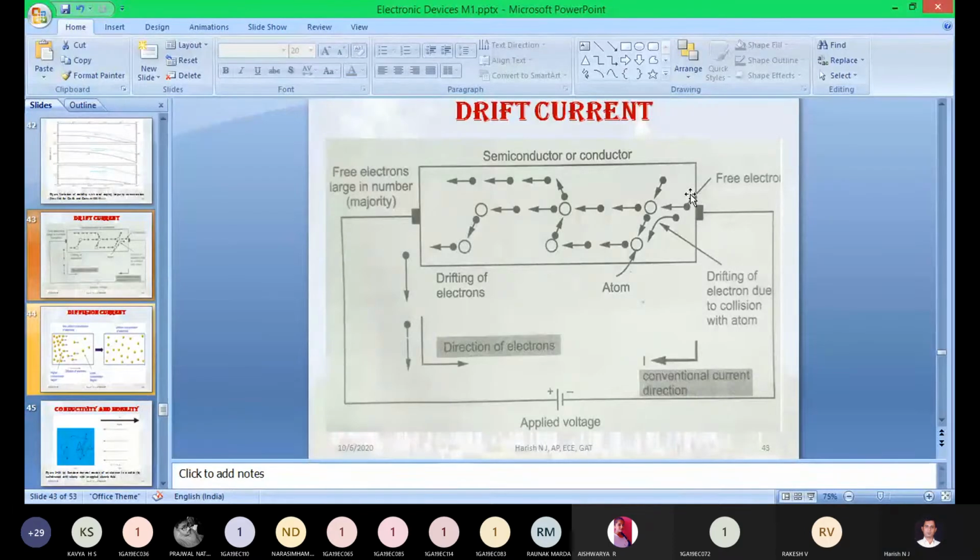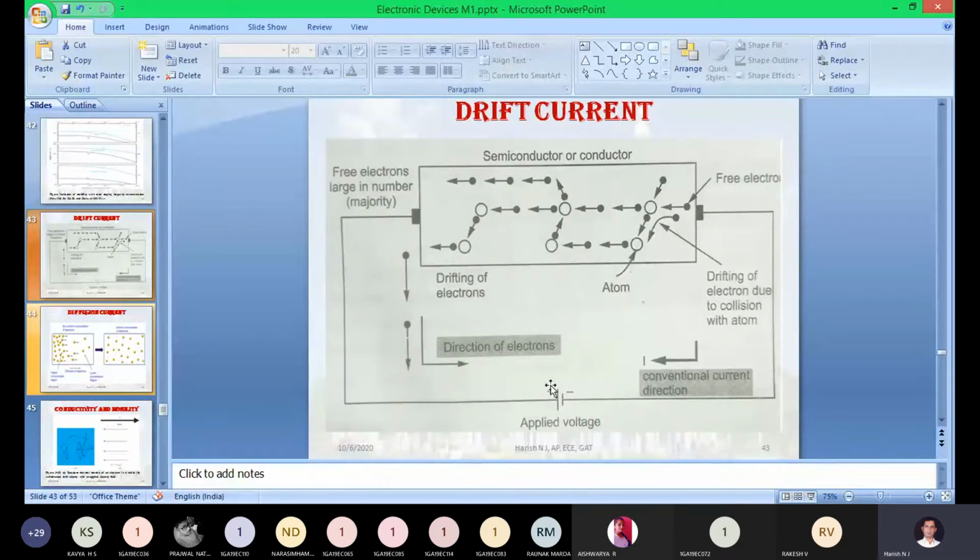Initially, when V is equal to 0, all the electrons will be moving randomly with some speed. When you apply V equal to 5 volt, or 10 volt, the electrons get additional energy due to the applied electric field. At the same time, all the electrons start moving only towards the positive terminal of the power supply.